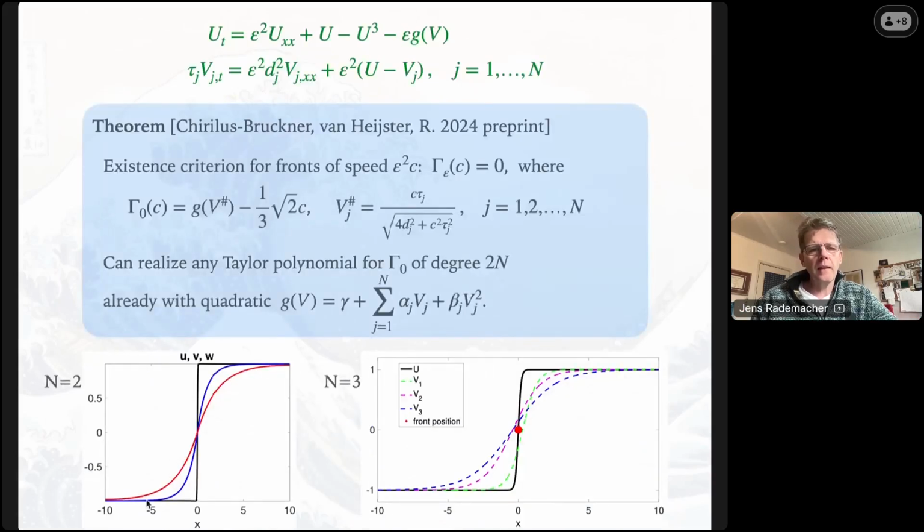What you see is this part of the solution on the left. This is actually an exponential function, almost exactly. The smaller epsilon is, the more this function is an explicit exponential. And also on this side, it's exponential because it's just from the linear equation V here. So these are exponentials, and then you have in the middle a kind of matching condition.